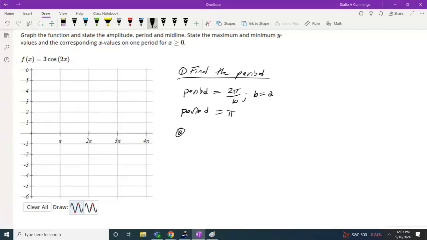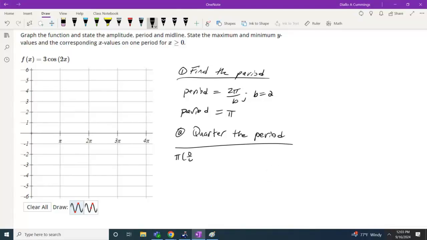So the second thing we're going to do is quarter the period. So now, since I'm not using 2 pi as my period, I'm just going to write it out.